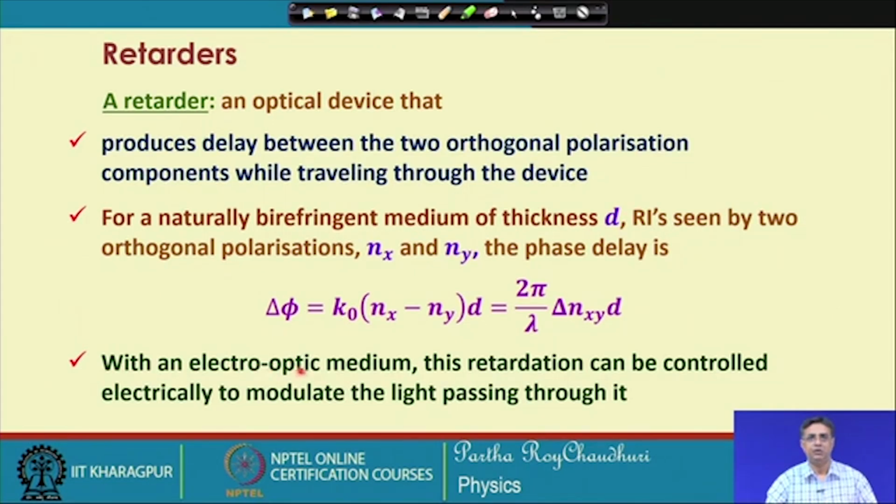So, in an electro-optic medium, this retardation, that is the delay in the phase, can obviously be controlled by the externally applied electric field, and this will result in the modulation of the light passing through the medium. So, that is the basic mechanism of light modulation by external electric field.